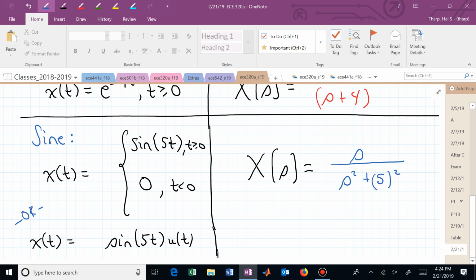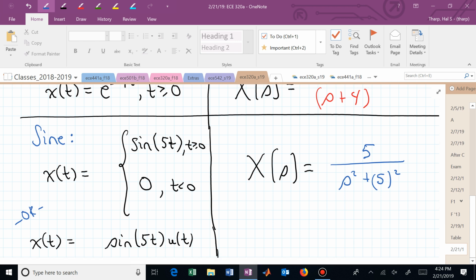So the cosine and sine have slightly different Laplace transforms. In this case, for the sine, we don't have a finite zero at the origin. Omega goes here, so we have 5 over s squared plus omega squared, and omega is 5.